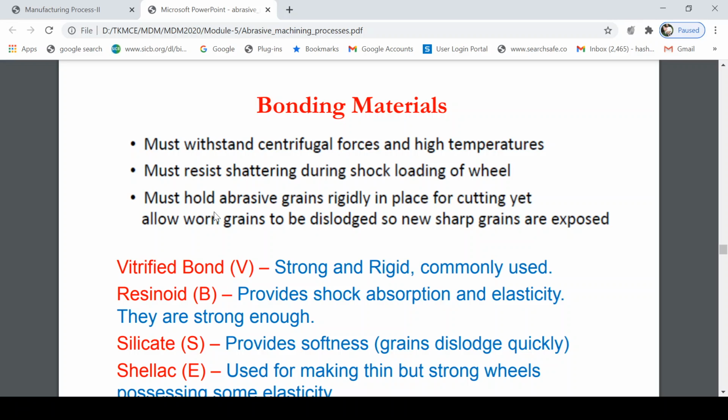Also, it must hold abrasive grains rigidly in place for cutting, yet allow worn grains to be dislodged so that new sharp cutting grains will be exposed, so we can use the same wheel continuously for a long time. These are the important characteristics of the bonding materials.